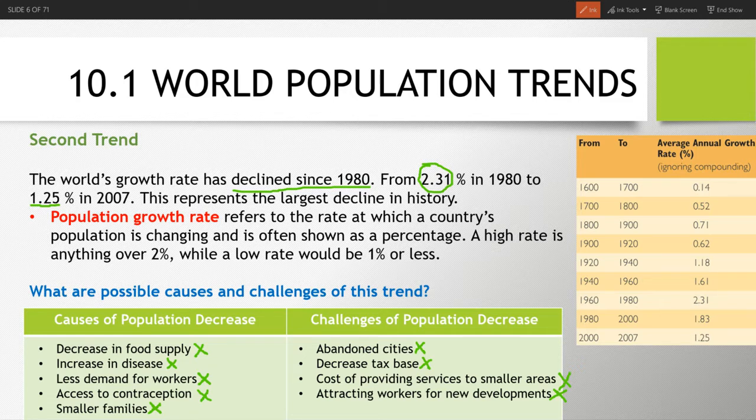And therefore, the place that is constructing, in this example, a new hospital, might have issues attracting workers, whether it's people to build the hospital or after the fact, people to work there, especially if the local population doesn't have those workers available. Okay, so these are some possible causes and challenges of this second trend in the world's population growth rate, this decline since 1980.